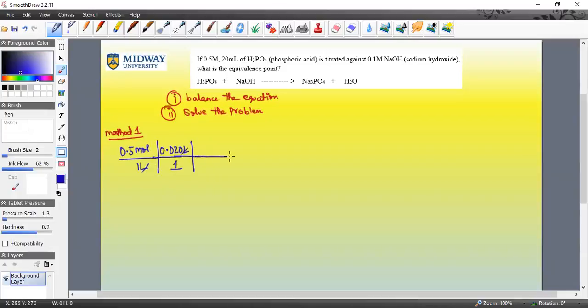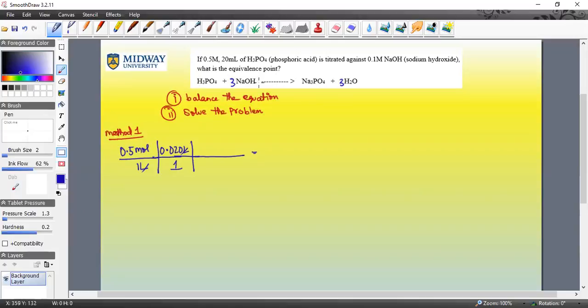and then we do the stoichiometric ratio before we go to the next step. If we balance this equation, we notice this is 3, and I believe this is 3 as well. It's not so important what is here if you're not trying to solve for the product.